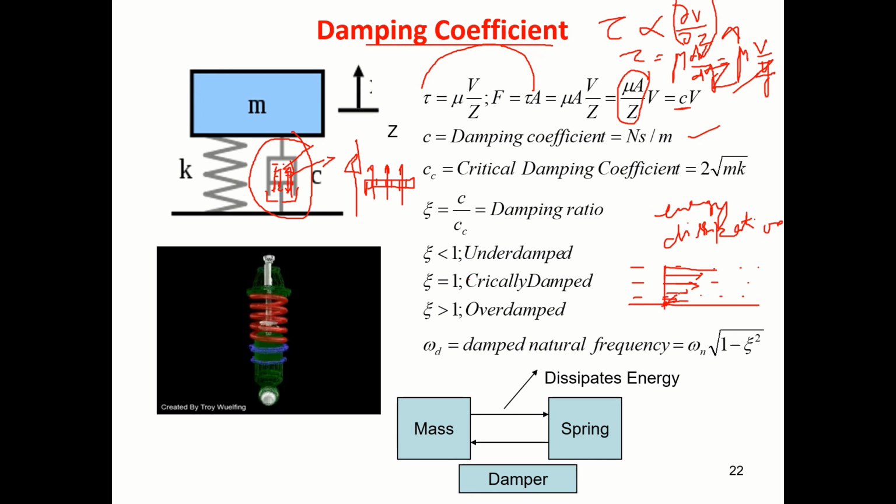Then we join all these points. This is what we call the velocity gradient. Suppose you take any two layers. If the distance between them is dz, and the difference in velocity is dv, then dv by dz becomes the velocity gradient.